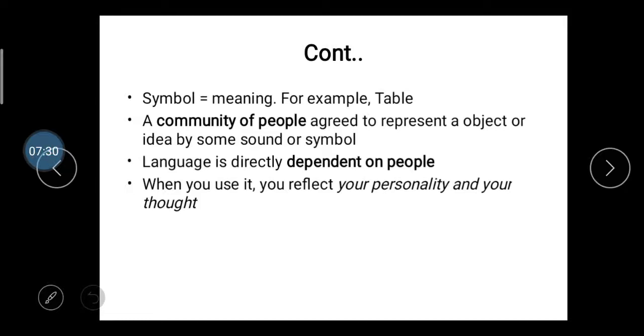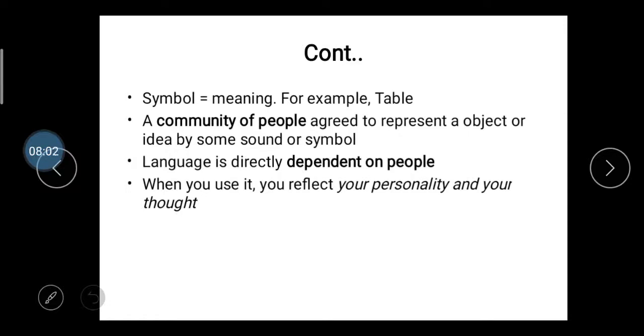When he communicates with the public, the way of communication is very marvelous. He uses some words like mitron, sathiyo. This type of words creates effective communication. So some people have this type of personality.